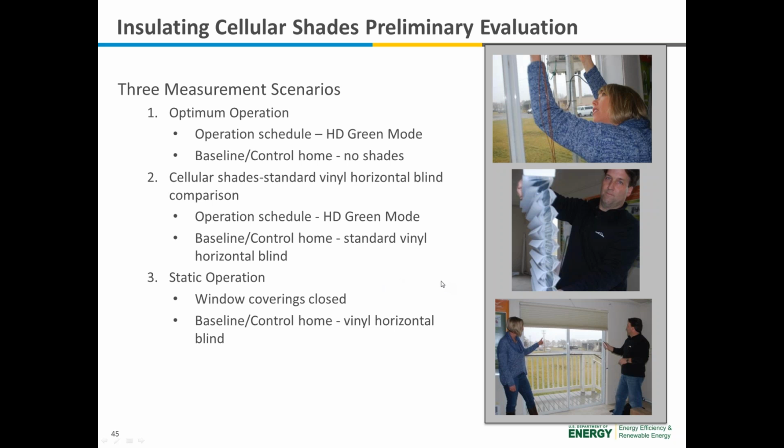In this experiment, we have the Hunter-Douglas blinds operating to the HD green mode, just as in the other operational scenario, and then we have the baseline home with the standard vinyl horizontal blinds operated to the same HD green mode. This will give us another metric of comparison between the Hunter-Douglas blinds and the standard vinyl horizontal blinds.